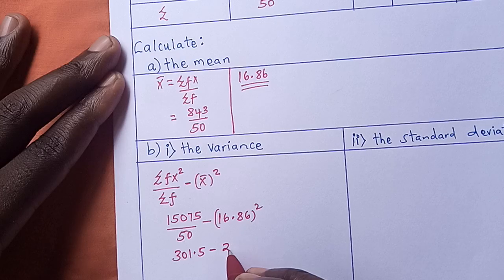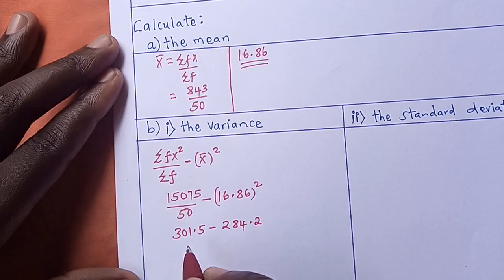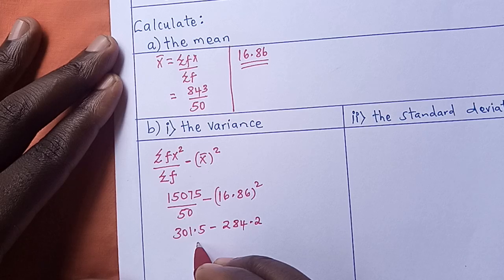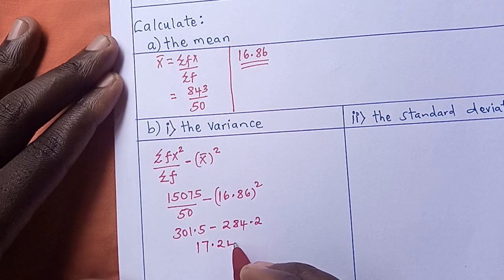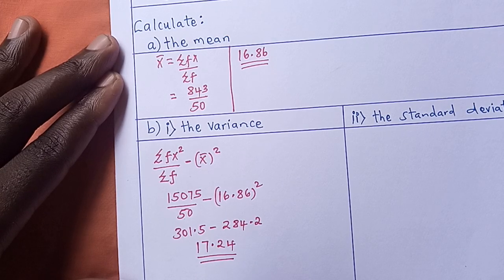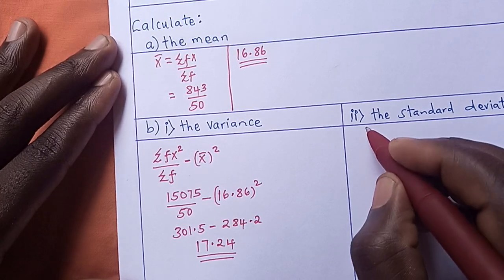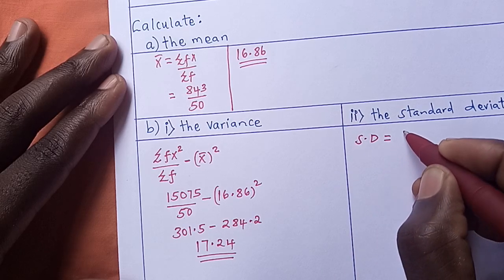You take away the square of the mean, which is 284.2. If you subtract and write the answer to four significant figures, you will get 17.24 as your variance.